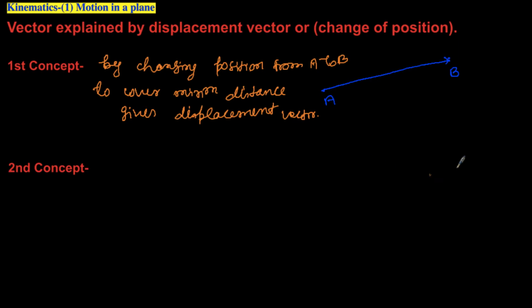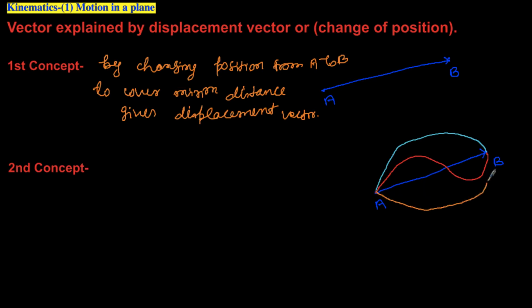Second concept: we will see that from A to B we have gone, the same displacement vector that I drew in the upper figure. Now from A to B I can go from this path also, and this path also.